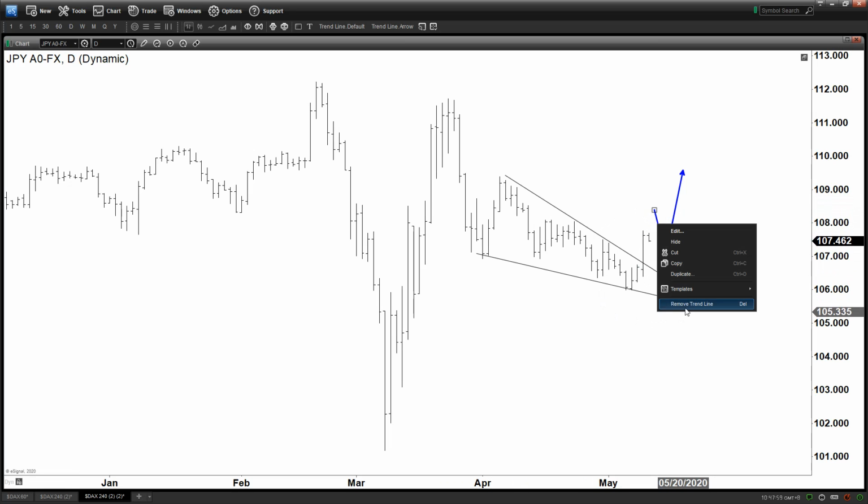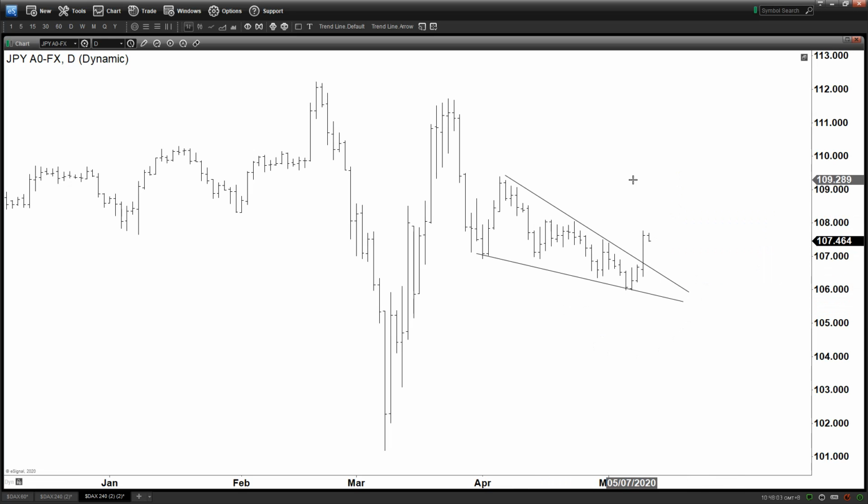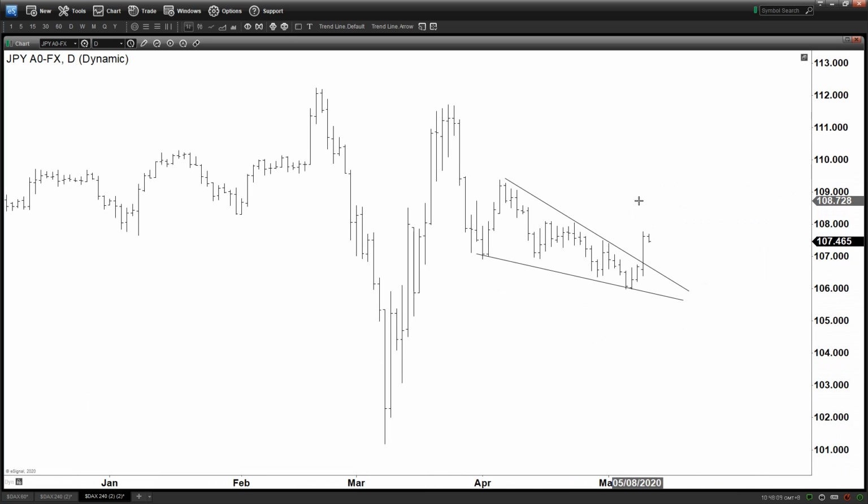Now if we do get another extension higher in the US dollar yen, that really does not support the idea the index is going to be very weak. Again, a true sort of risk off, generally speaking, will be accompanied by US dollar yen going down, at least based on the correlation in the past.